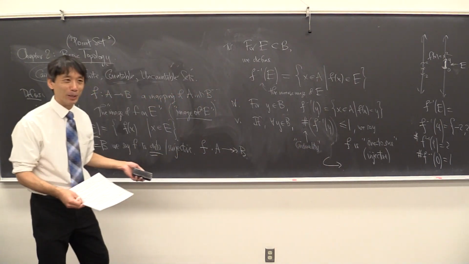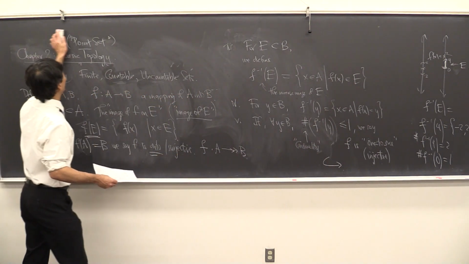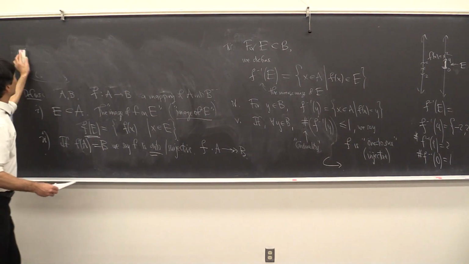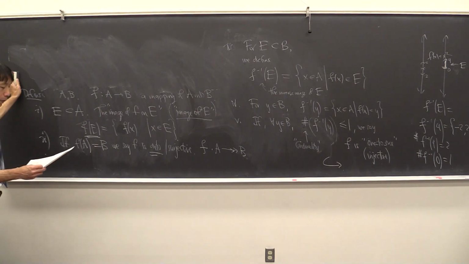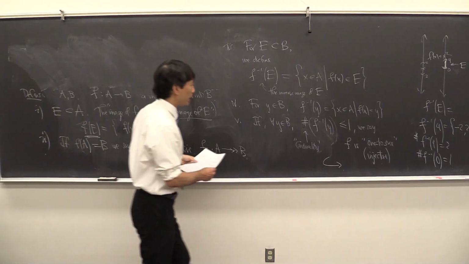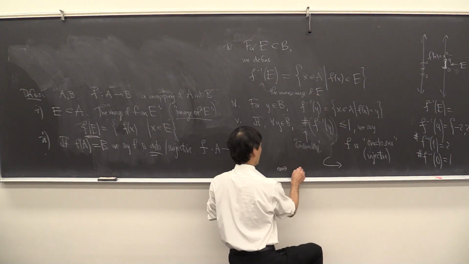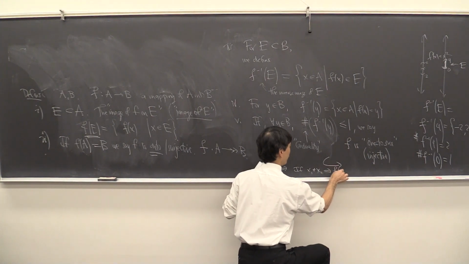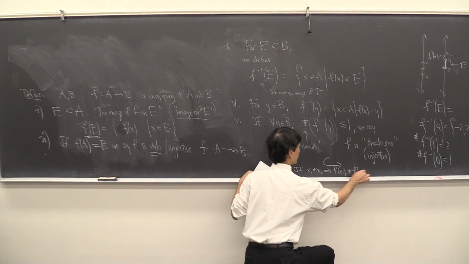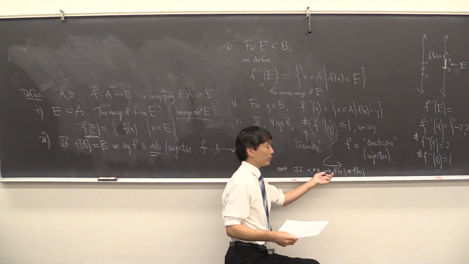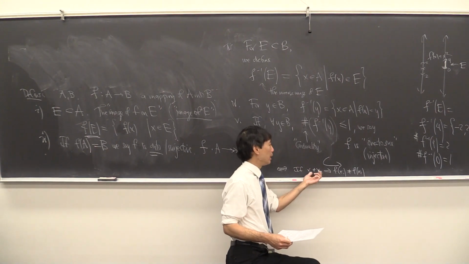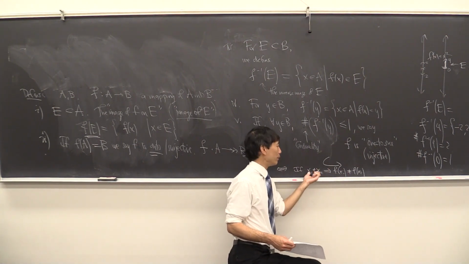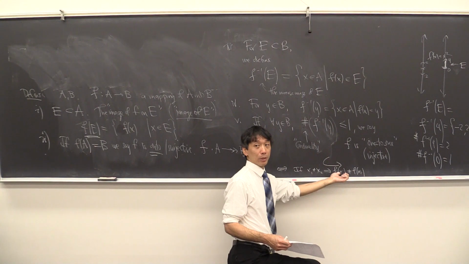I love these sorts of odd things, like a symbolic language. Another way of saying injective is that if x1 and x2 are different, then f of x1 cannot equal f of x2. So you can't have 2 different points going to the same point. If you start off with 2 different inputs, you're going to end up with 2 different outputs.